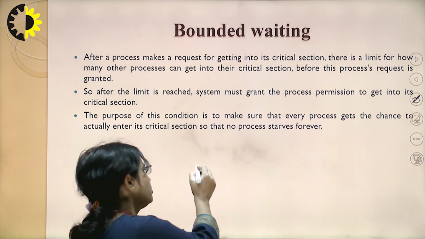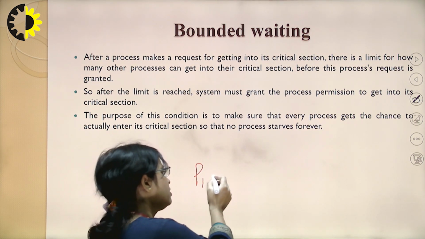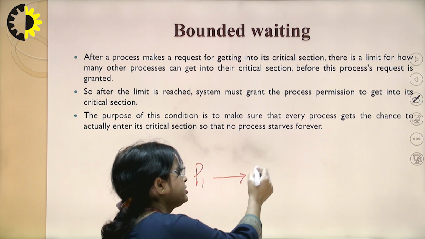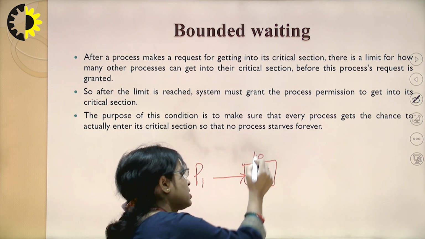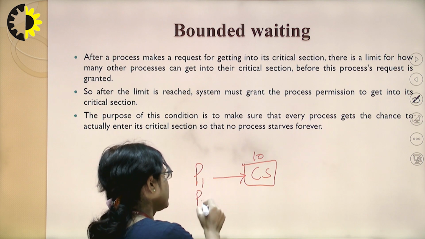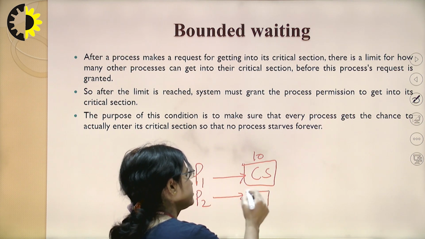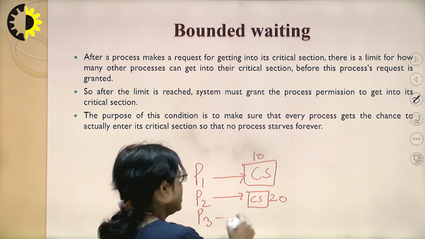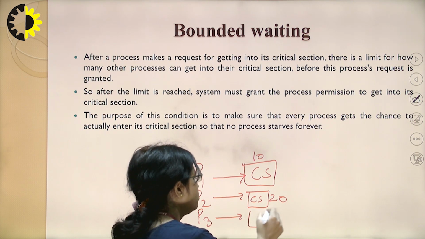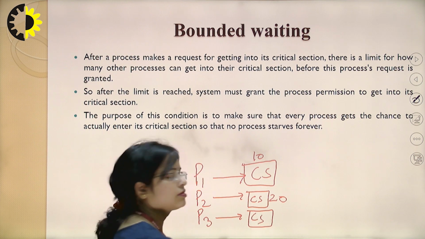Suppose there is a process P1 executing the critical section 10 times, a process P2 executing the critical section 20 times, but process P3 is still trying to enter the critical section.